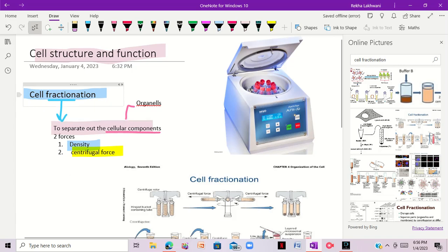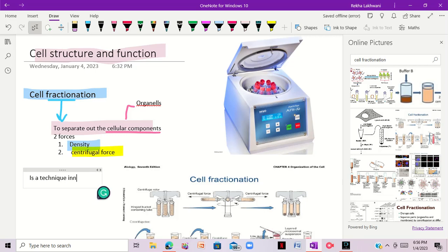Basically, cell fractionation is a technique in cell biology which is used to isolate or separate out cellular components.